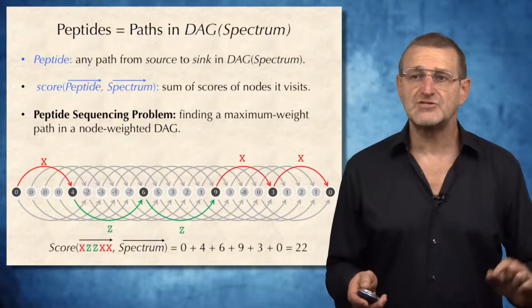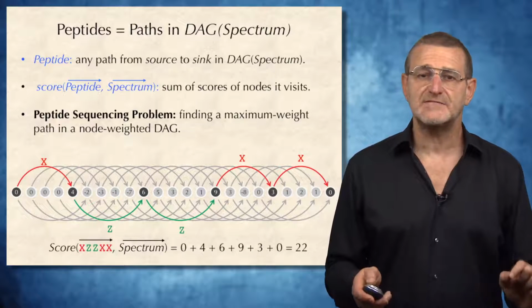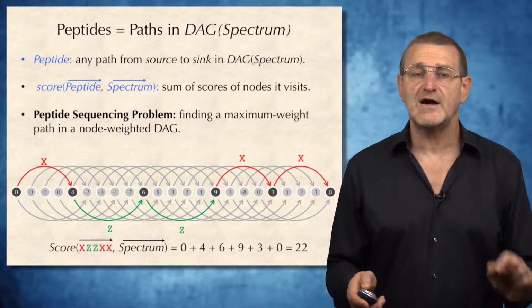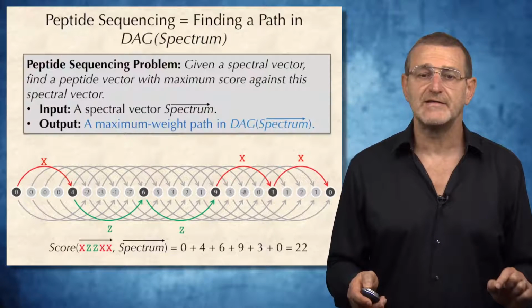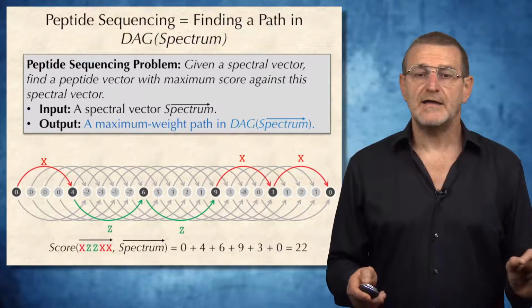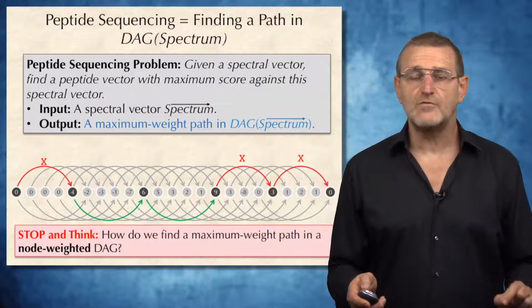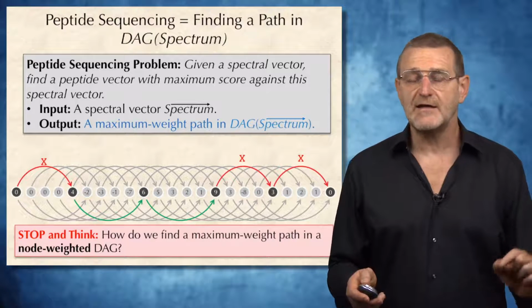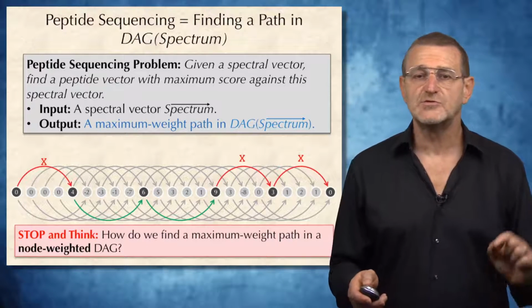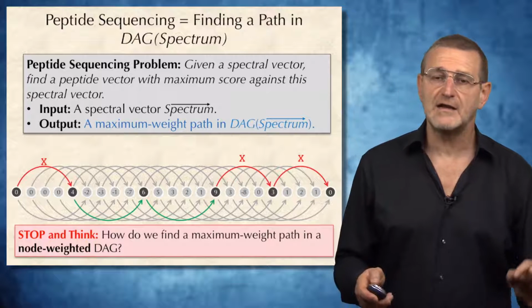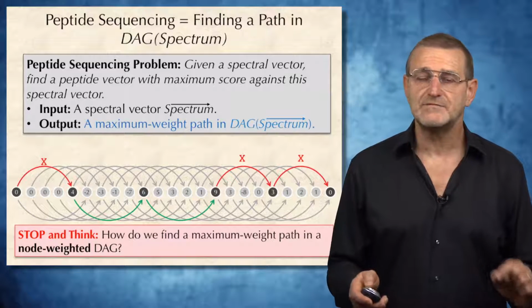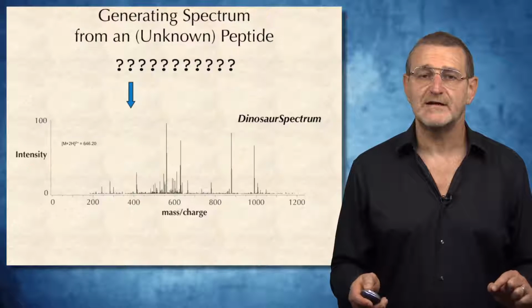And therefore, we just reframed the peptide sequencing problem as the problem of finding a maximum weight path in a node-weighted graph. And we already know how to find maximum paths in the edge-weighted graph, and it will be a good exercise for you to try to modify the algorithms that we previously learned for edge-weighted graphs into algorithms for node-weighted graphs.